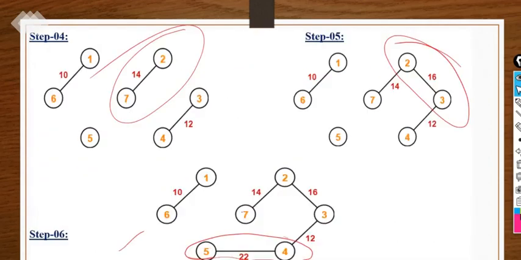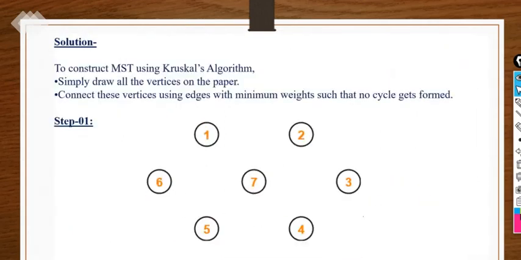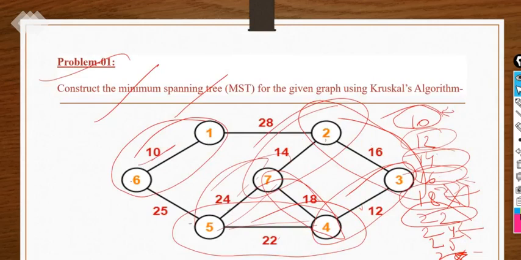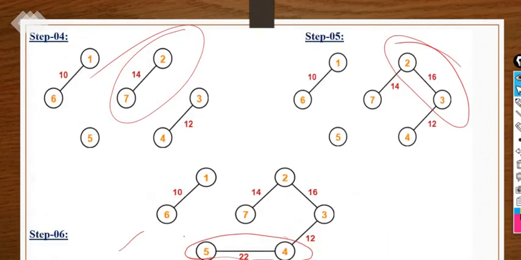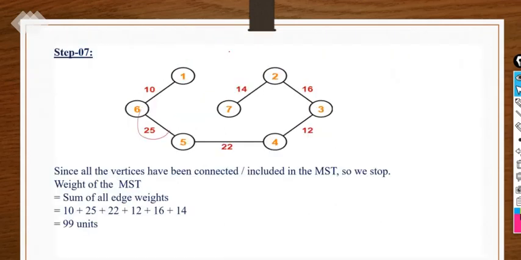If we connect it, it will create a cycle again, so we skip it. Next we take 25, which is 6 and 5. There is no issue, so we connect it. Yes, we have connected.